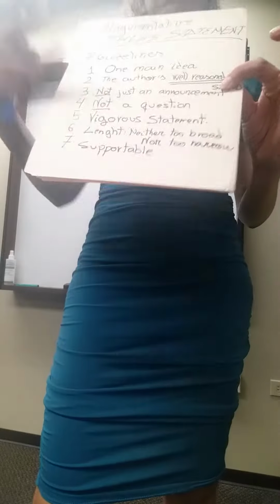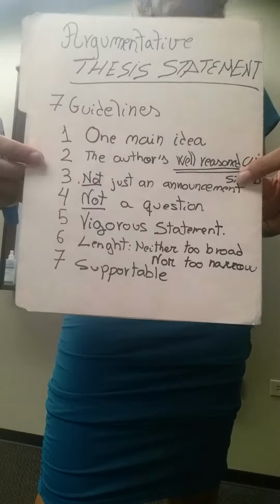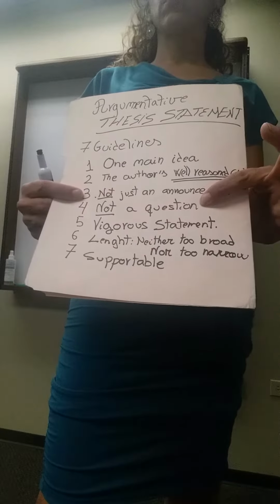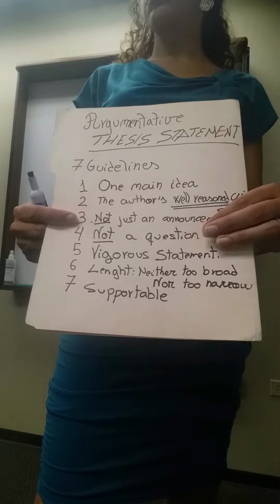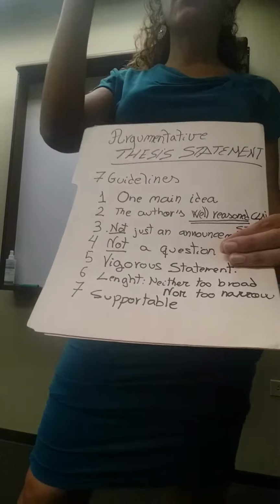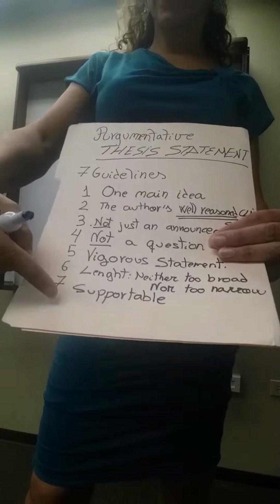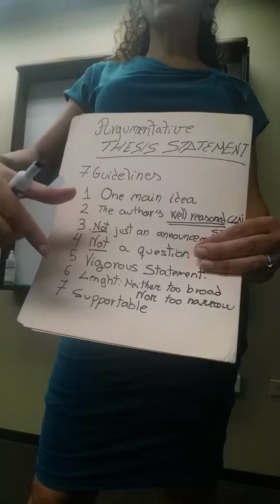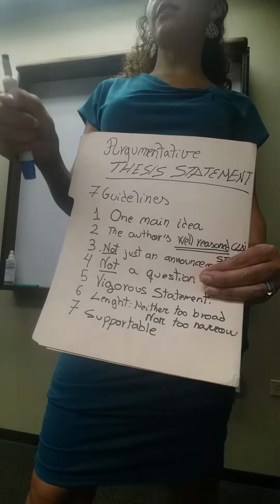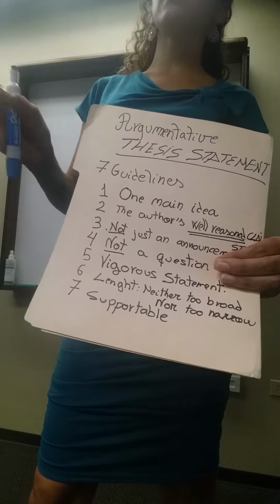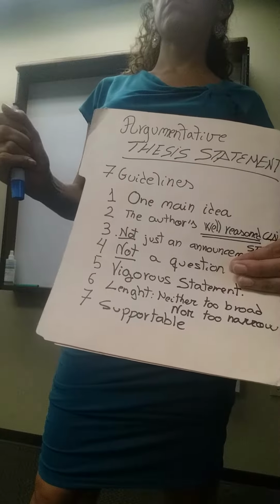Number 3, not just an announcement. So it's not an announcement. And number 4, not a question. Okay, I'm going to stop here because all these 7 guidelines apply to our topic sentences as well. So we do not want to start a topic sentence with a question either.